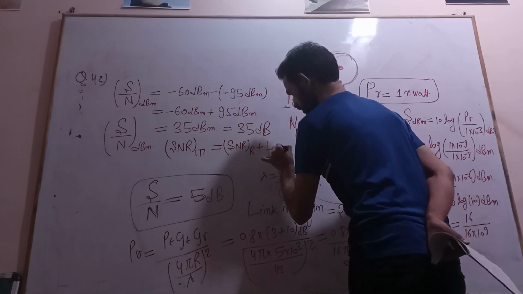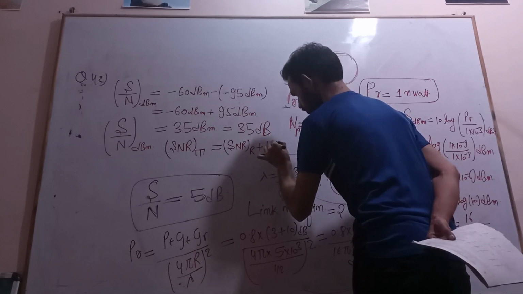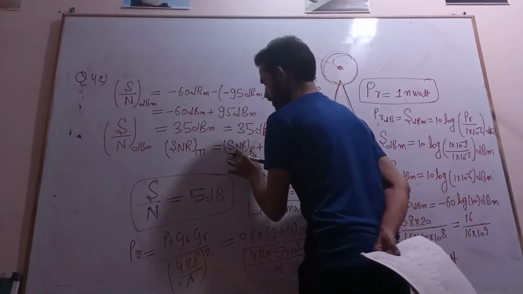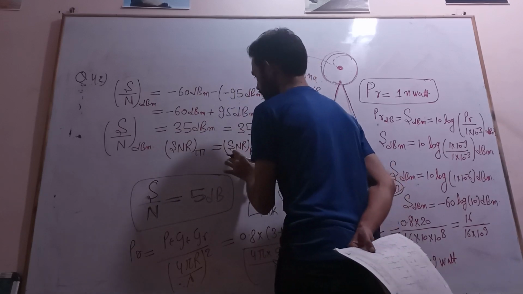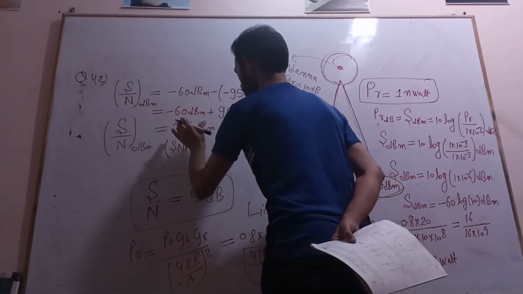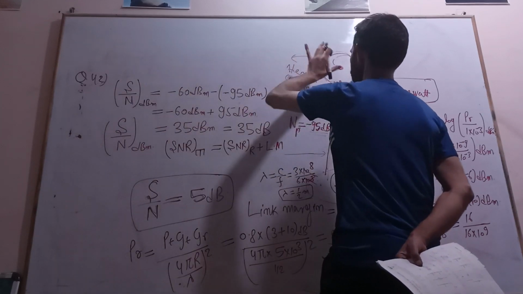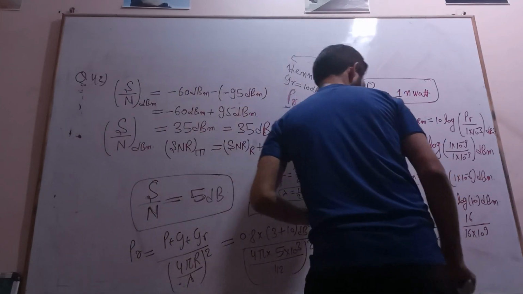Link margin is how much is required to make a perfect link between the mobile phone and this cell phone tower.